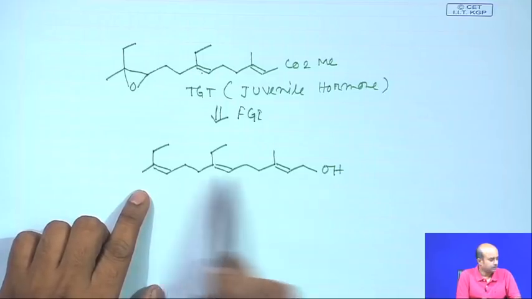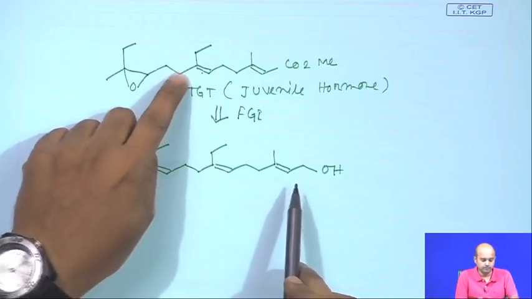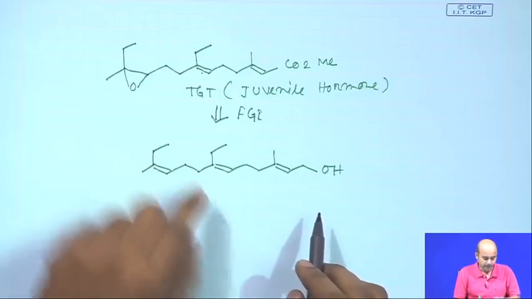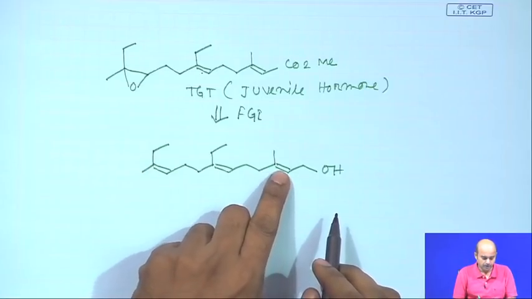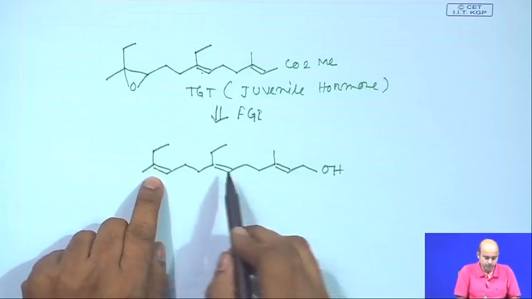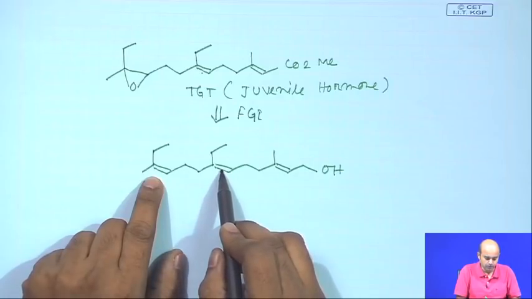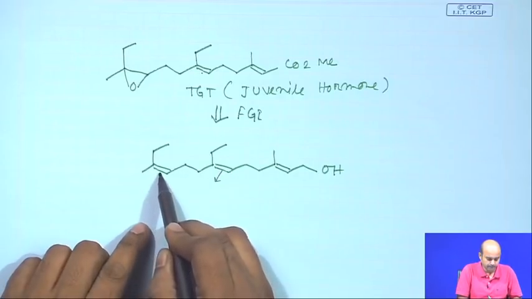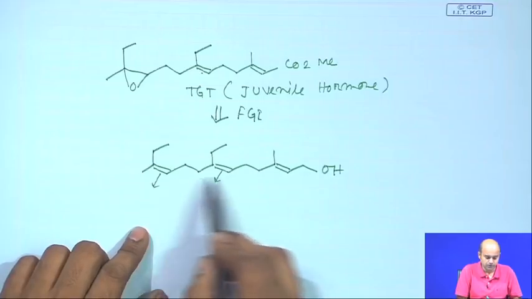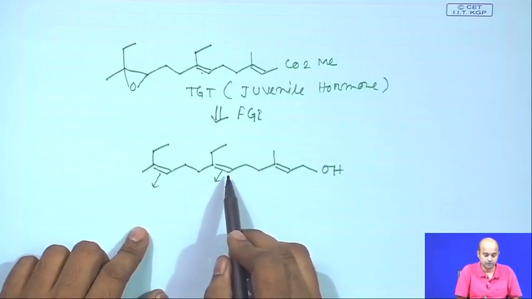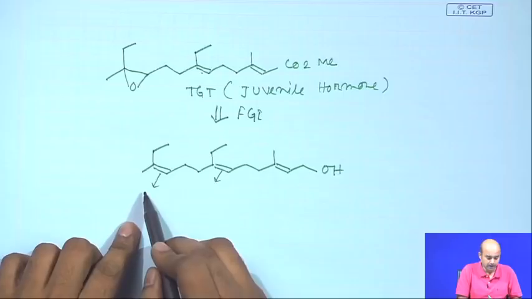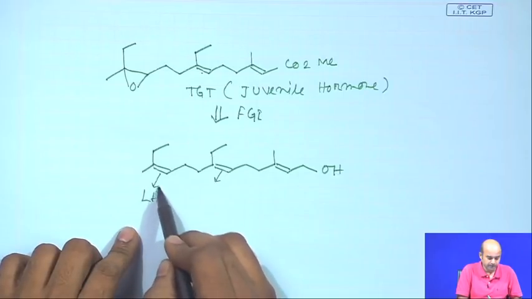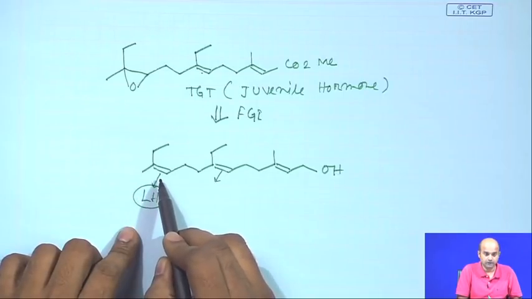Now, if you have this compound, there are 3 double bonds, 1, 2, 3. Probably the central one and this one are more electron rich, because they are highly substituted. And the left hand double bond is sterically less congested.